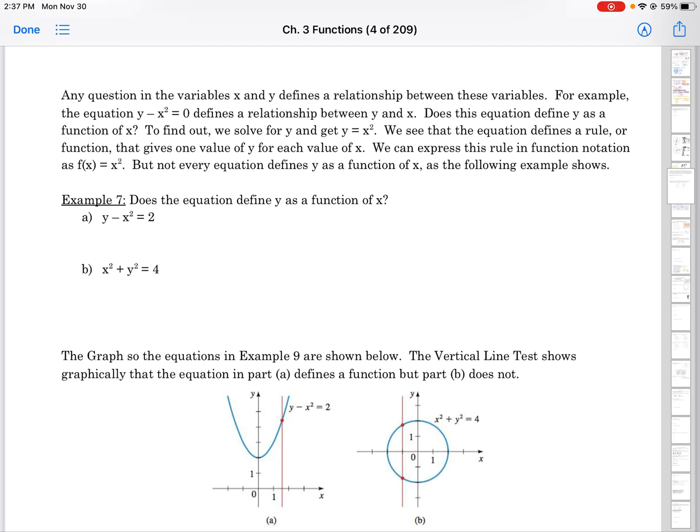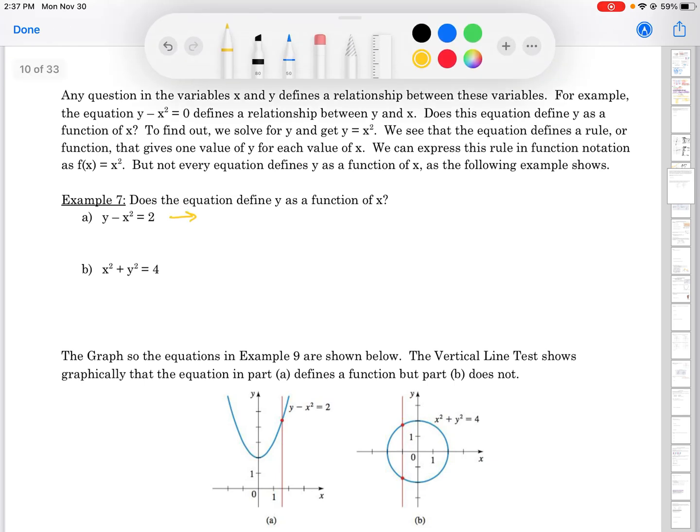We can then express this rule in function notation. We'll add x squared to both sides, so y is equal to x squared plus 2. Yes, I can write this as a function of x. So I can say that f of x is equal to x squared plus 2.